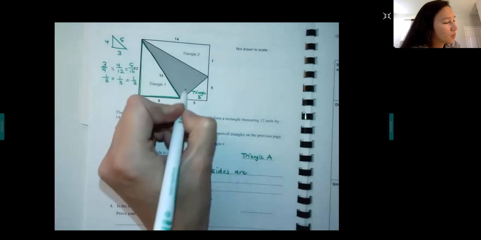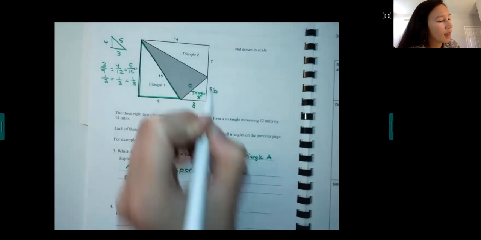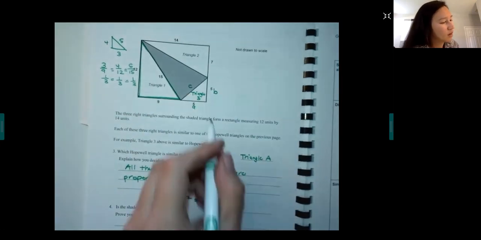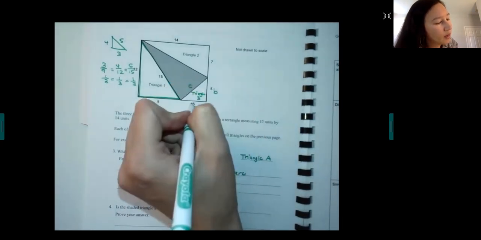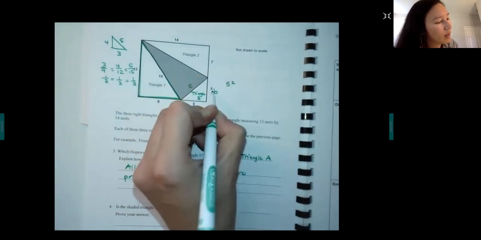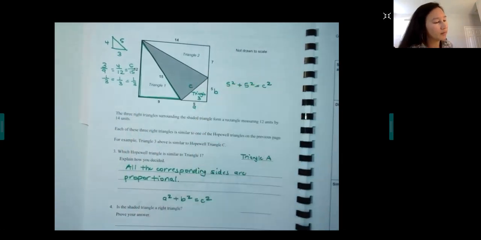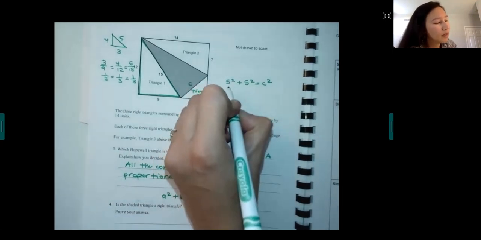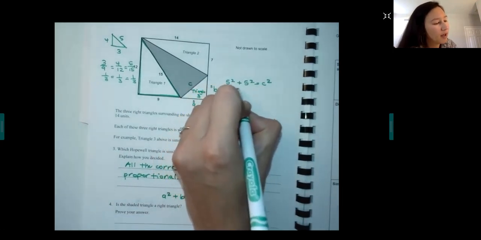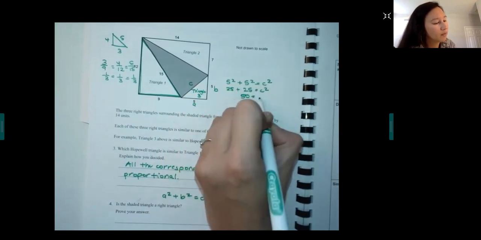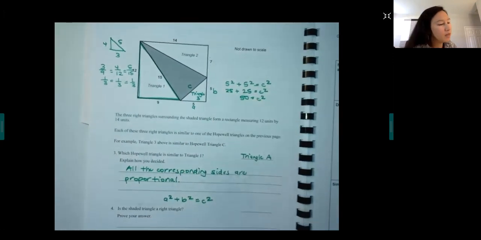So let's start with triangle 3. So this would be the hypotenuse that we're missing. So that's going to be C, and we have our base and our height, which are A and B. So we get A squared, which is 5 squared, plus B squared, which is 5 squared, equals C squared. 5 squared, that's 25, plus 5 squared, which is 25, equals C squared. 50 equals C squared.